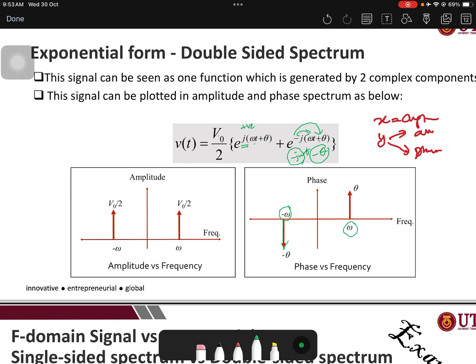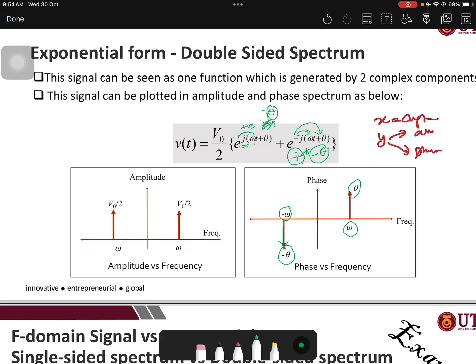That is why when you want to draw the phase spectrum for the double-sided, it becomes negative theta. But for the positive side, the right side, the positive phasor, when you expand, the positive j multiplies and it becomes j theta. So the theta is positive. That is why for the positive side, the theta is this one.